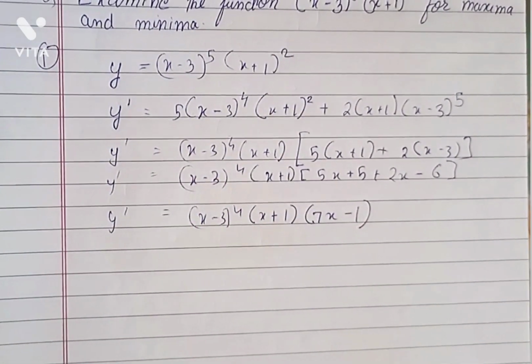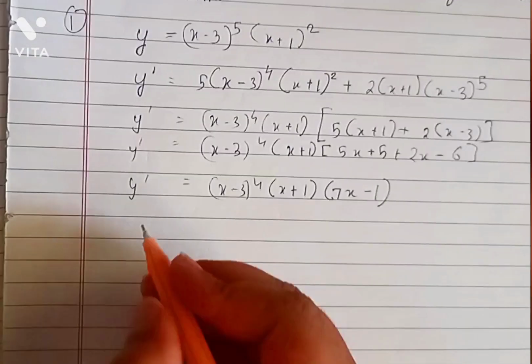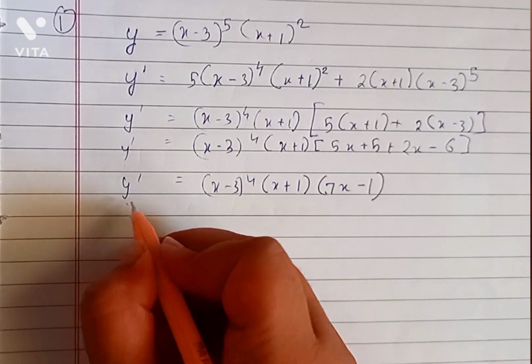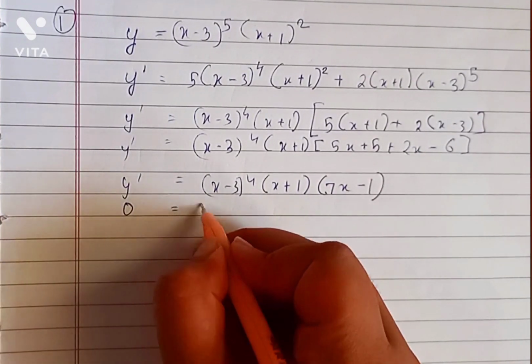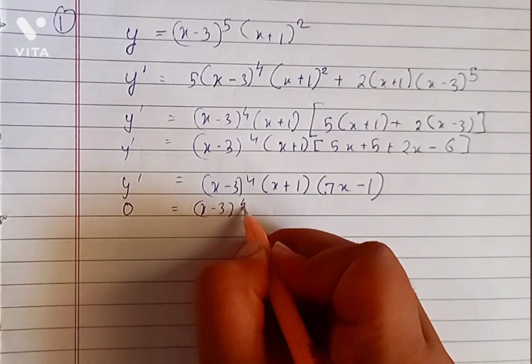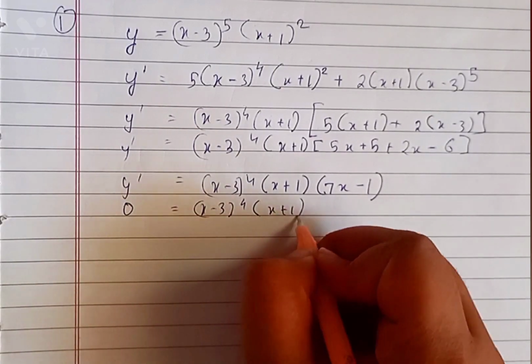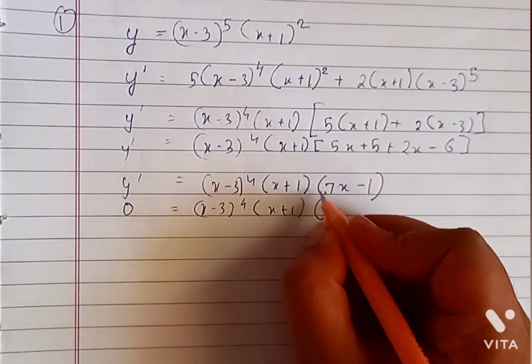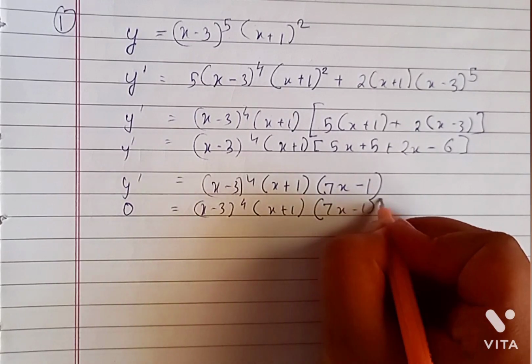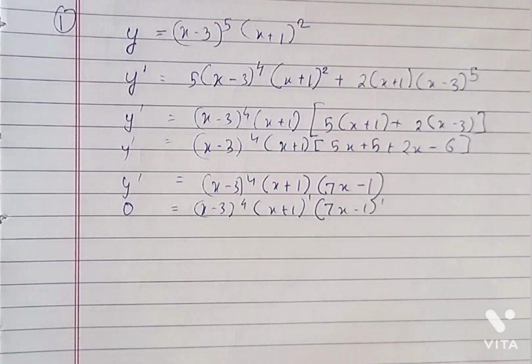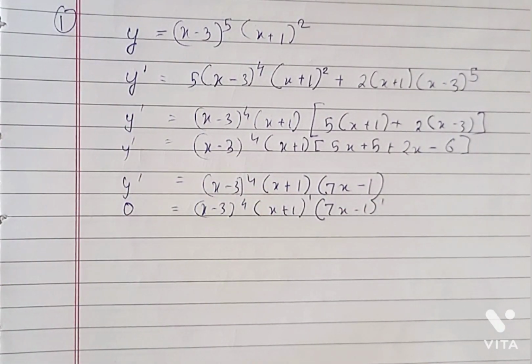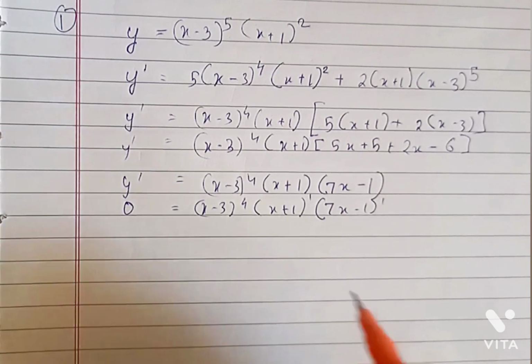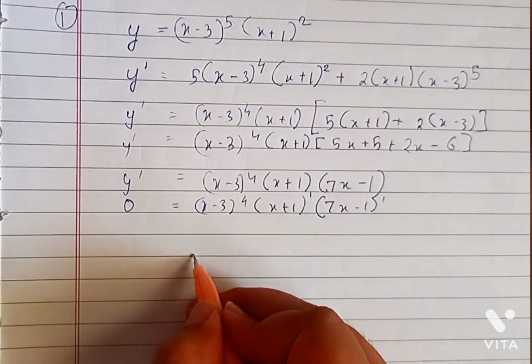Alright, now turning points. So putting y dash as 0, (x minus 3)^4 into (x plus 1)^1 and (7x minus 1)^1. So there are two methods further. One is by making a wavy curve method, right?